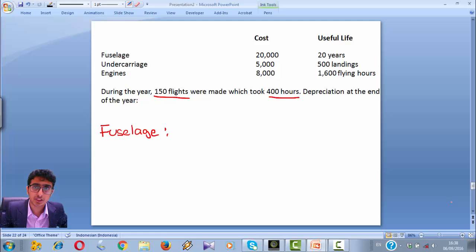The cost is 20,000 and my useful life is 20 years. Hence, my depreciation would be 20,000 over 20 years, which equals $1,000 per year.